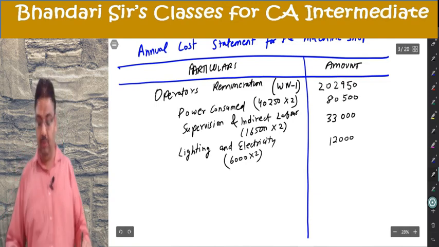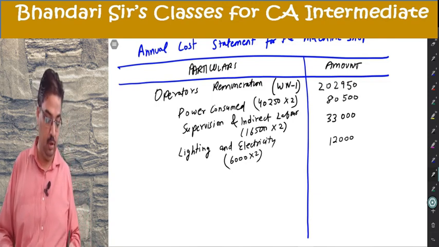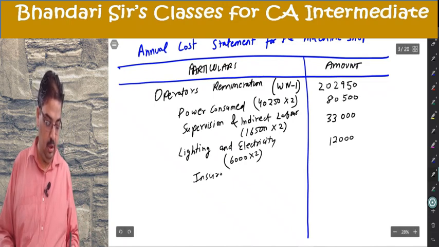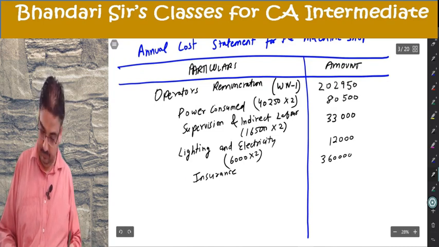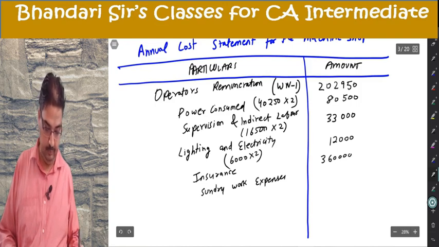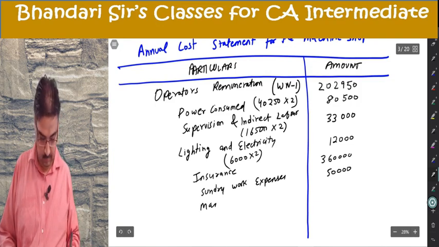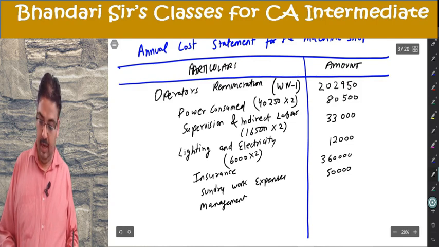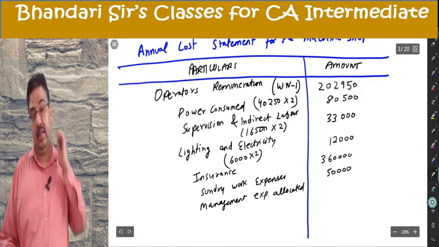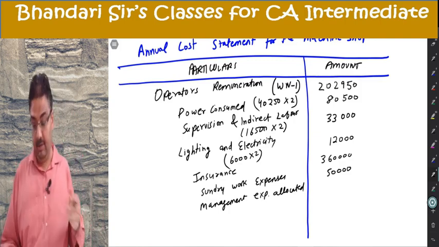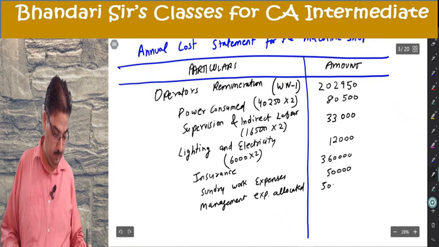Now balance items will not be multiplied by 2 because they are given for the year. Insurance, directly outer column, 3,60,000. Sundry work expenses, 50,000. Management expenses allocated. Whether it is an allocated portion, whatever expenditure he is giving me, I have to put it here. 5 lakh.